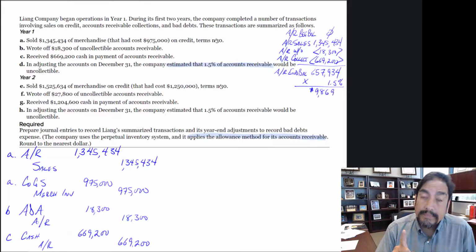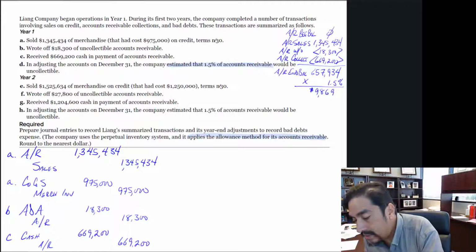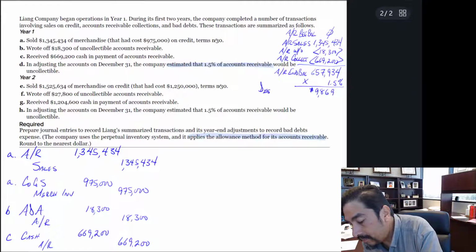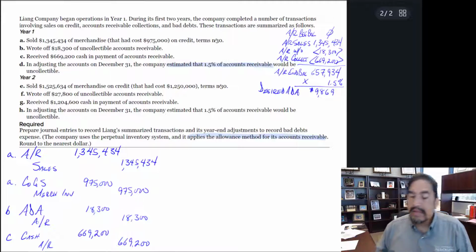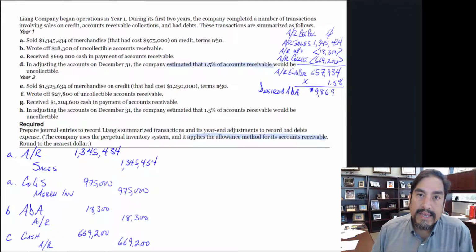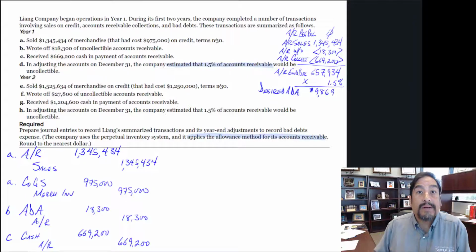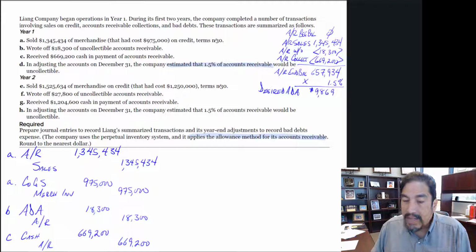When we're using the percent of receivables or the percent of aging receivables method, this is our desired ADA. That's how much we want the allowance for doubtful accounts account to end the year at: 9,869.